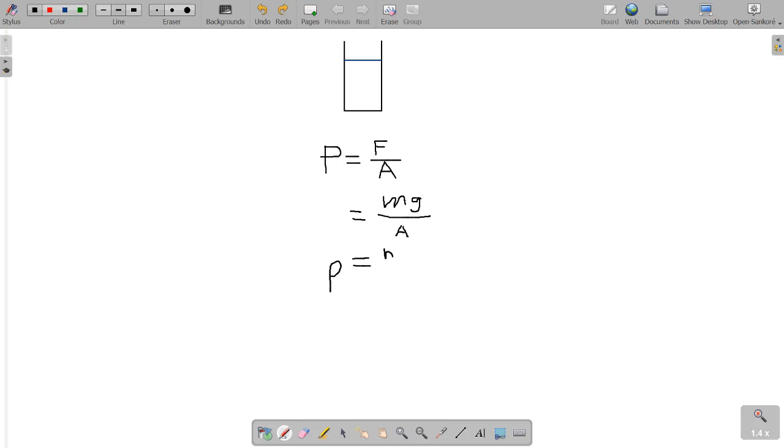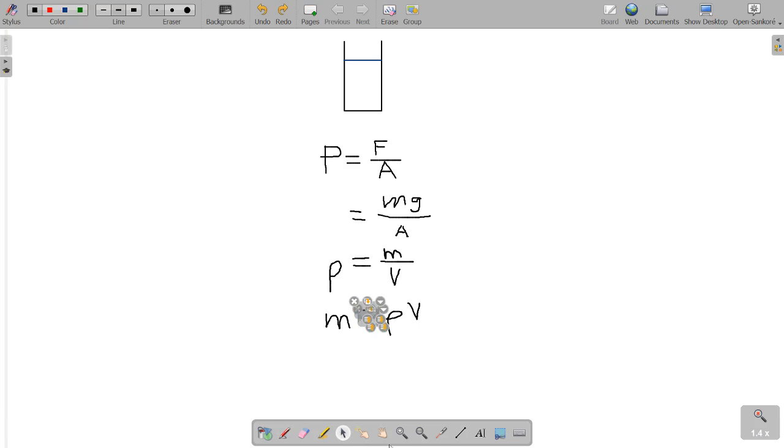Density is defined as mass over volume. So you know mass is basically rho V.